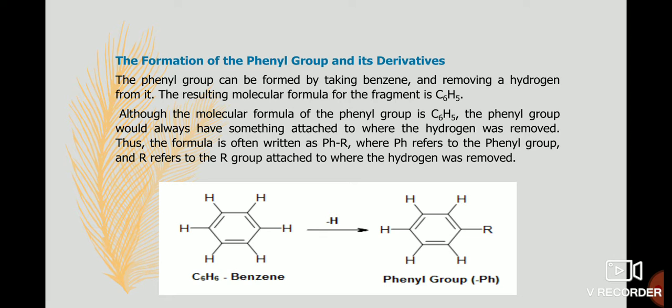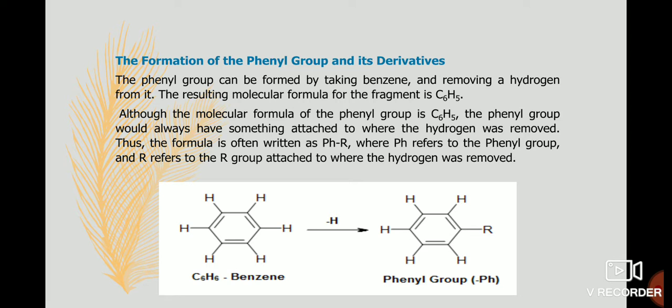And the phenyl group would always have something attached to where the hydrogen was removed. And the formula is often written as PhR, right? Ph is phenyl, this refers to the phenyl group, and R refers to the R group attached to where the hydrogen was removed. Now R may be any group, right?